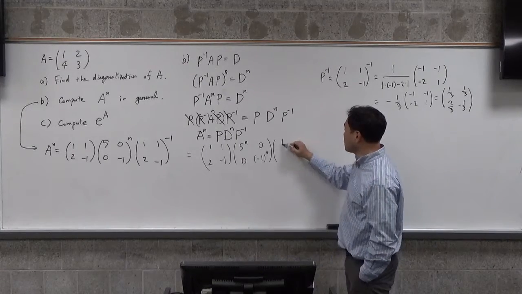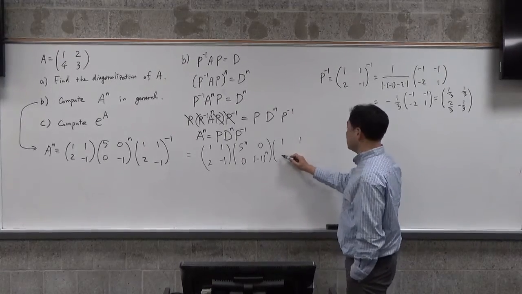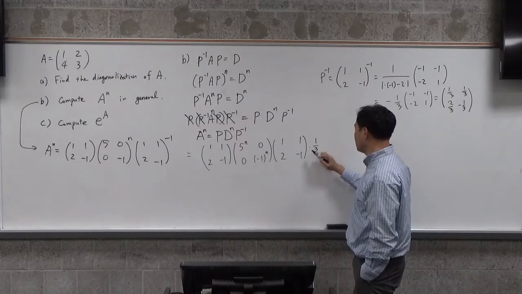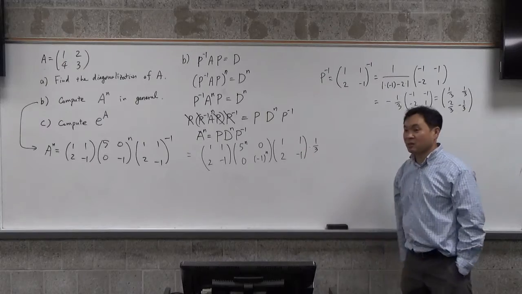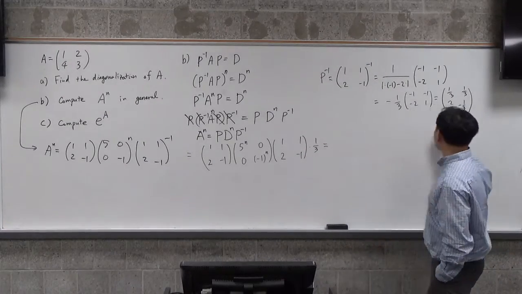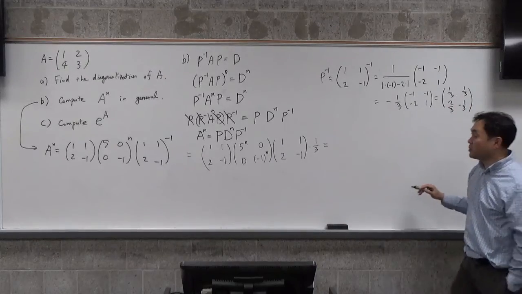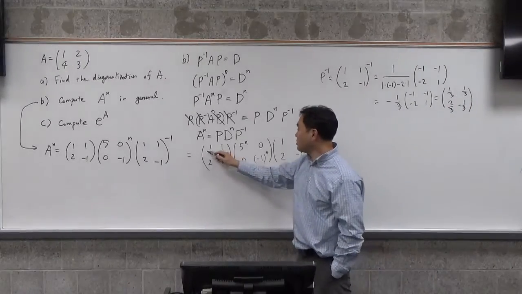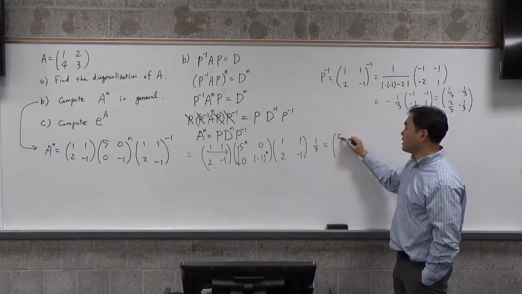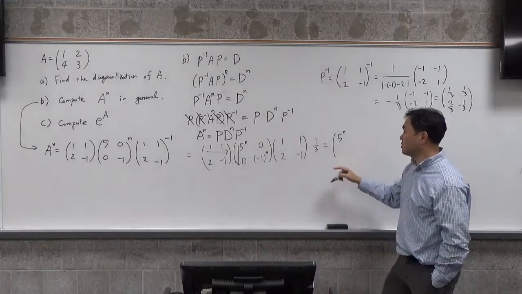You know what? Let's just write 1, 1, 2, negative 1, and put 1/3 later. Oh, they have to be the same. Okay. All right. So now, see, I just factored the 1/3 outside. Now I do this times this, gives you 5 to the nth.